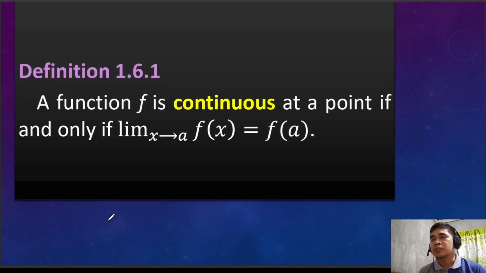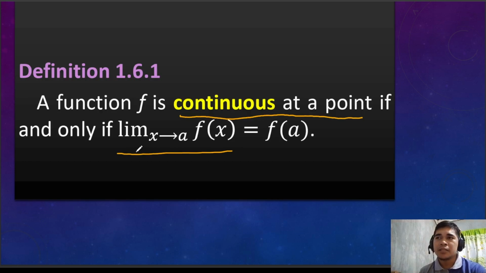Take note. Definition 1.6.1. A function f is continuous at a point a if and only if the limit of f of x as x approaches a is equal to f of a.